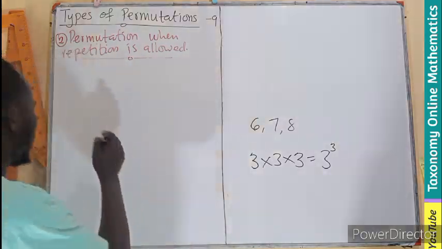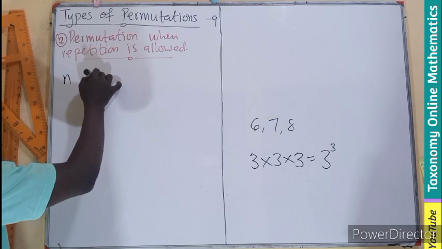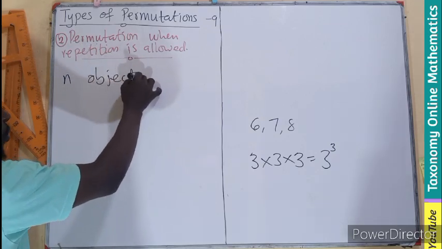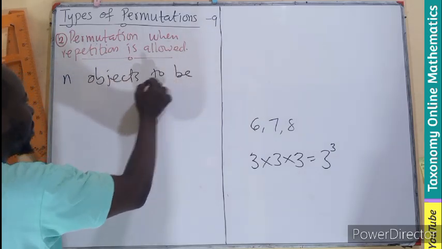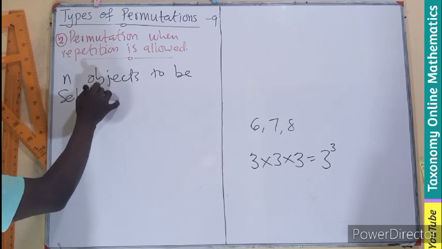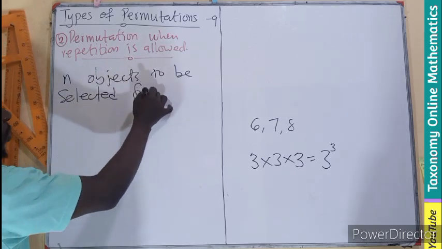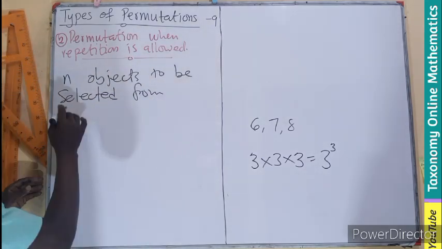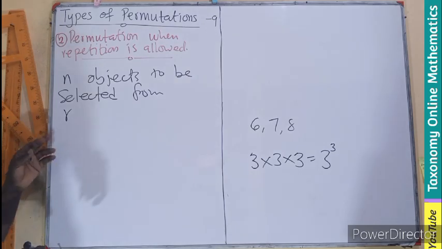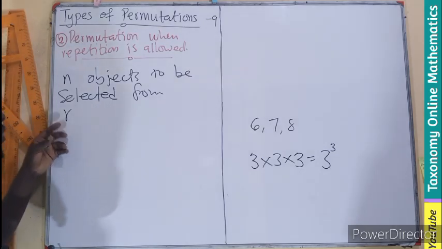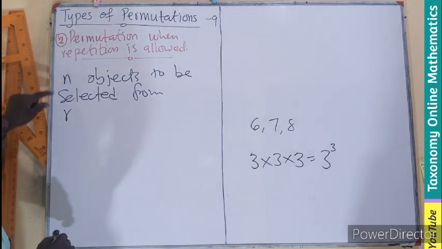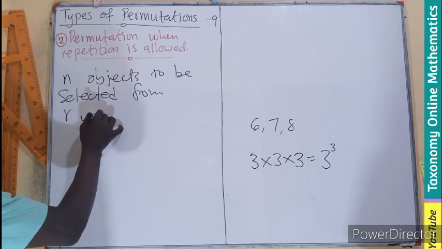So if, for example, we have n objects to be selected from, then we are to do that in r ways, right? We have n objects, but we have what? r ways.